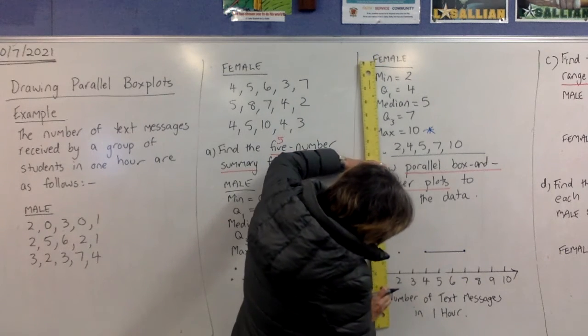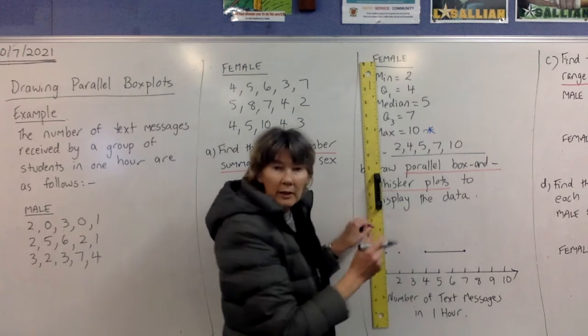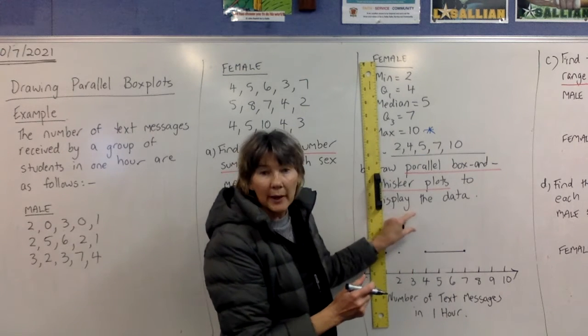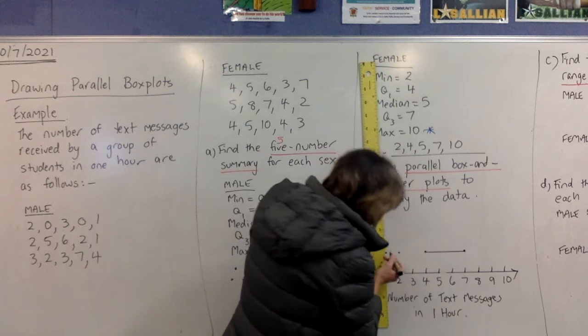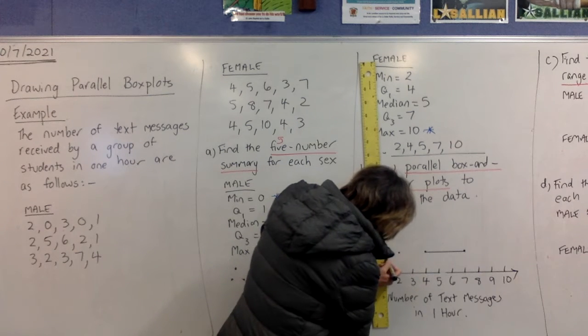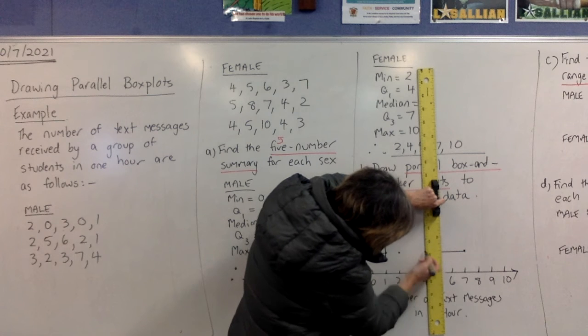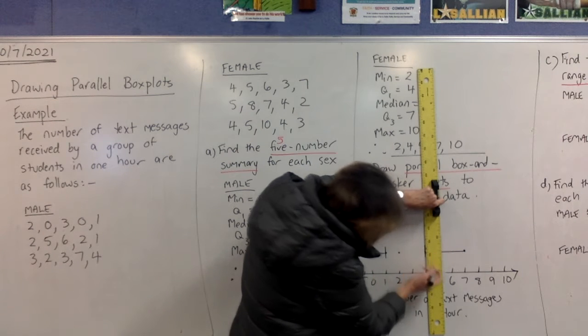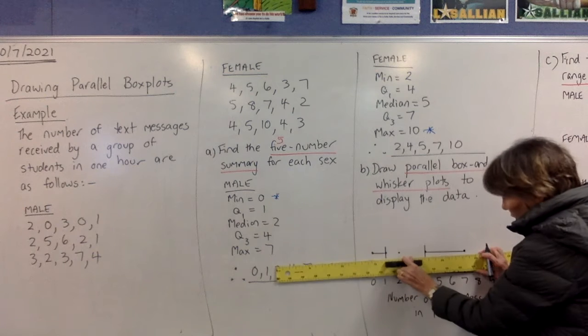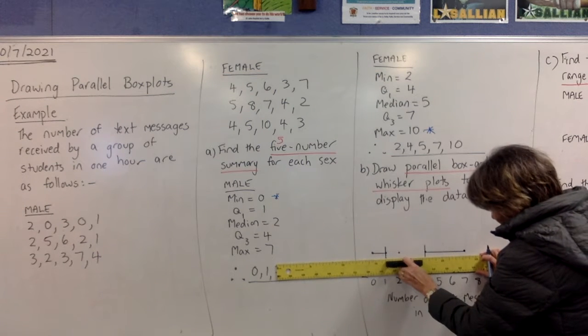Now remember, you can have this any width, it doesn't matter, but just remember we're going to do another box plot on top of it, so don't make it too wide. So I'm just going to make this one pretty skinny. And the same sort of width over here. And then just use your ruler to make sure this is all even.